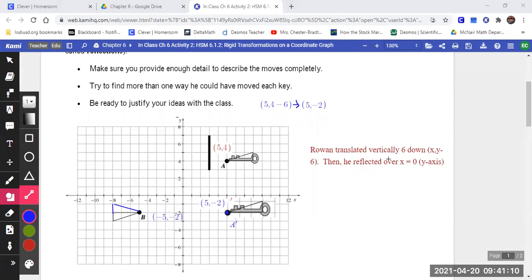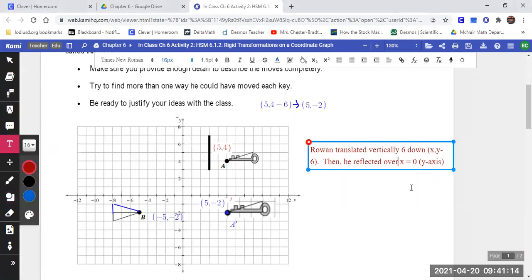So if we're going to reflect again, that's fine. What way are we doing that? How are we reflecting? The first time we reflected over the x-axis, the x equals 0. So he finally, because this looks like our last move, reflected over. Now, are we reflecting top to bottom or left to right?